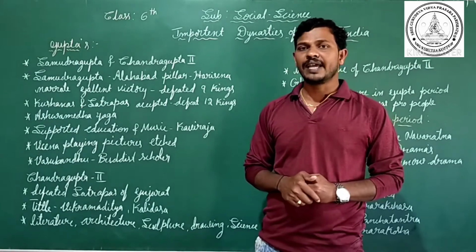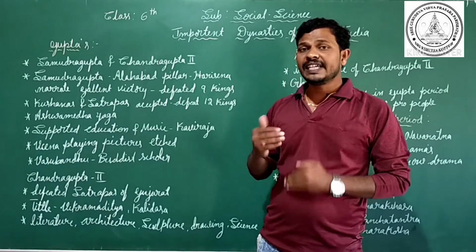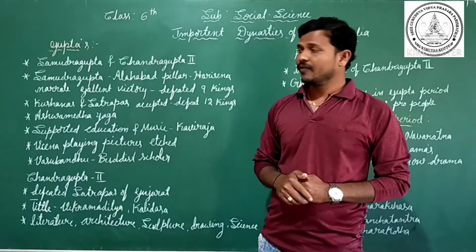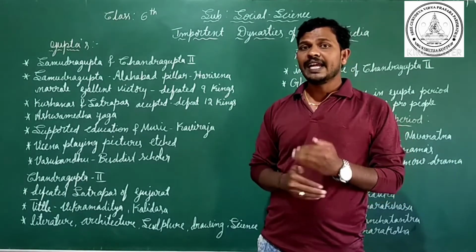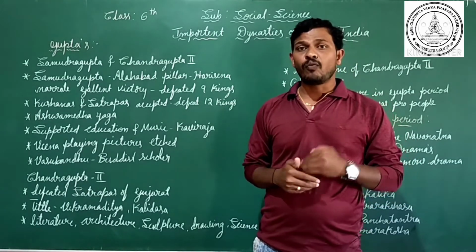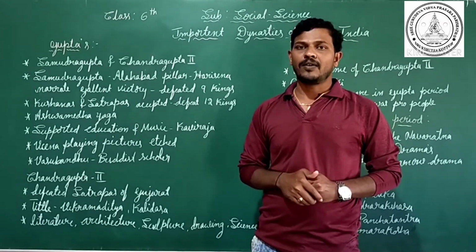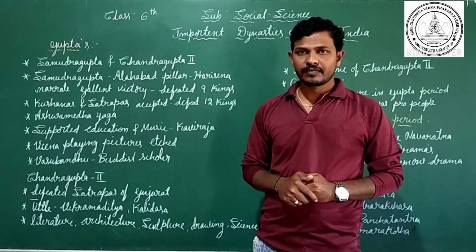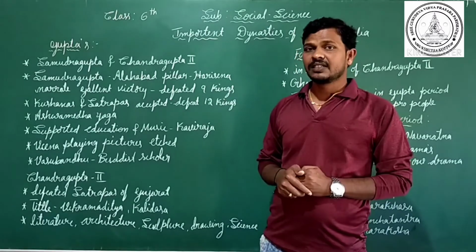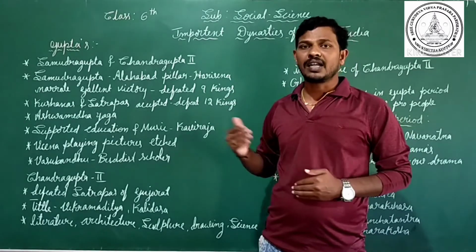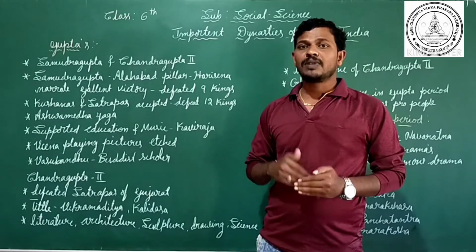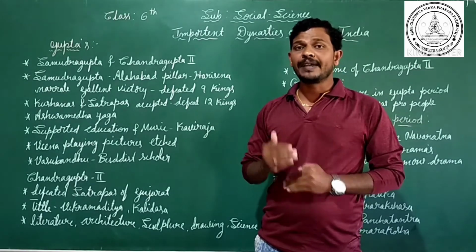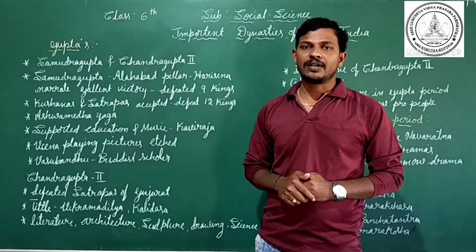Satrapas belong to Gujarat. These persons were defeated by Samudragupta. Later, he established his vast empire in southern India. Especially, he defeated the Pallavas of Kanchi. These persons worked under Samudragupta. So Samudragupta built a vast and the biggest empire in northern India.